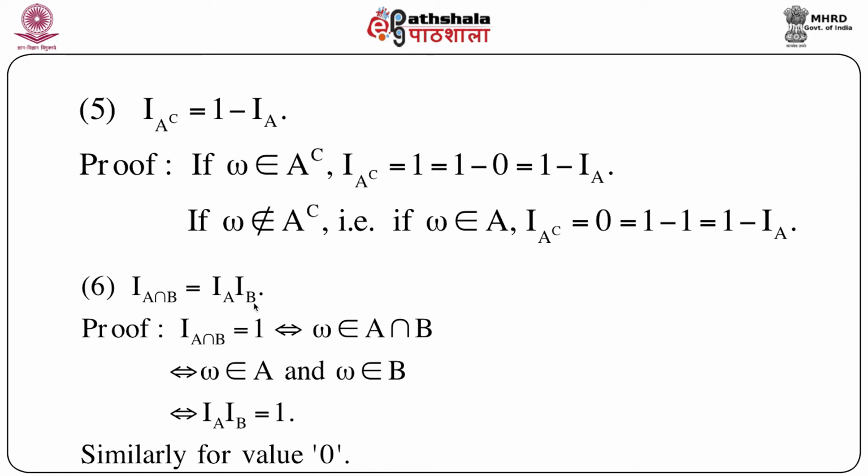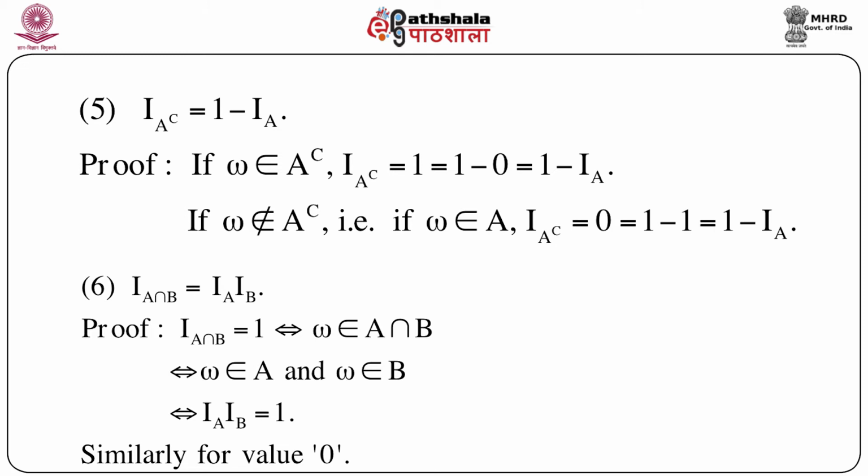Now, this proof is complete but only for the value 1. So we have to prove the same thing for the value 0, that means when this indicator function takes the value 0. If we follow the same logic, we can easily see that even for the value 0, I of A intersection B equals IA times IB. So this proof is complete.